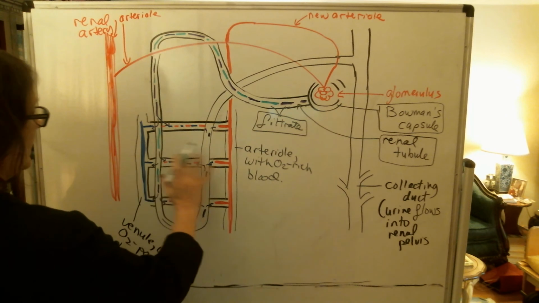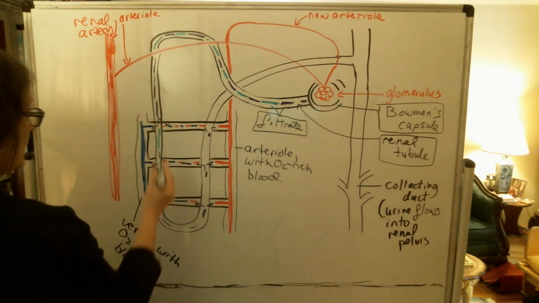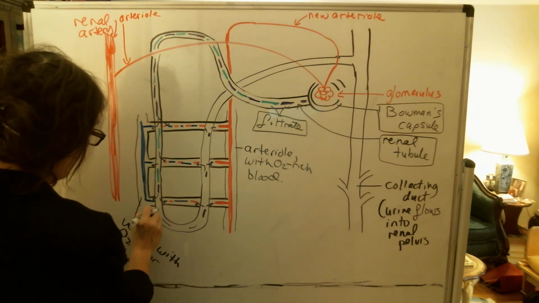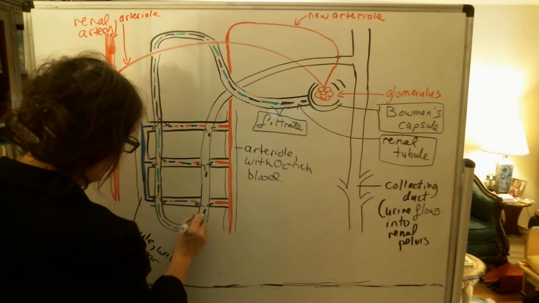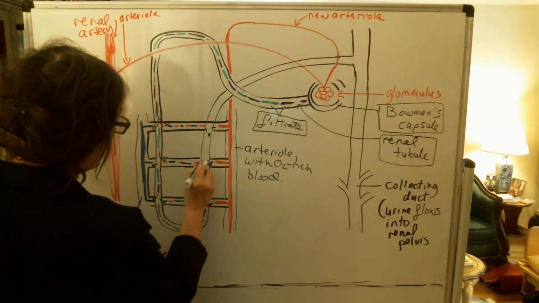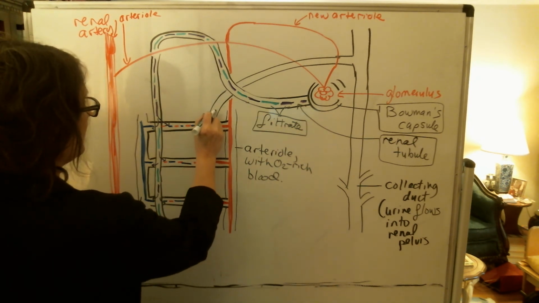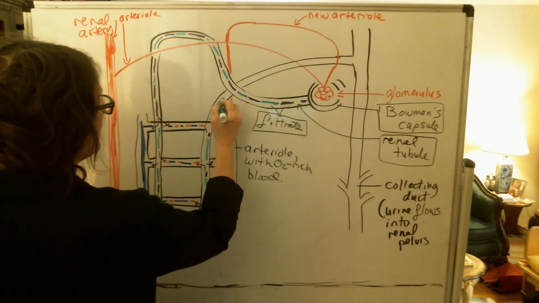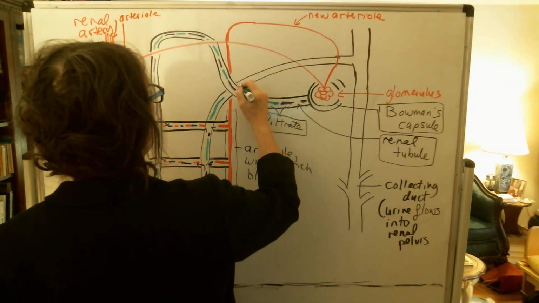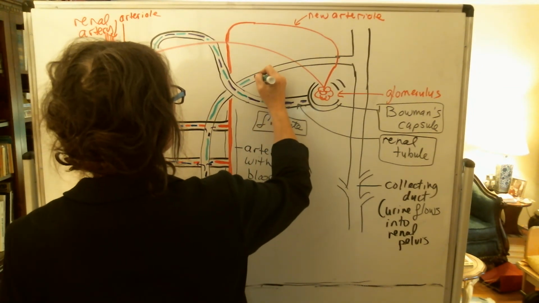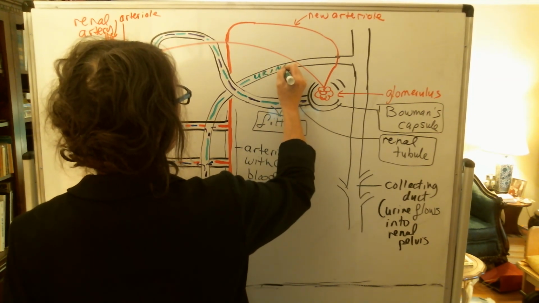So here is where the capillaries are not only giving off oxygen, they are also reabsorbing the glucose and the salts and other things that our bodies want to keep, so that by the time the filtrate has been worked over by these capillaries, what you have left now is the urine.